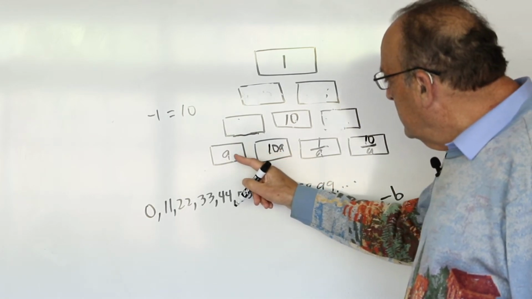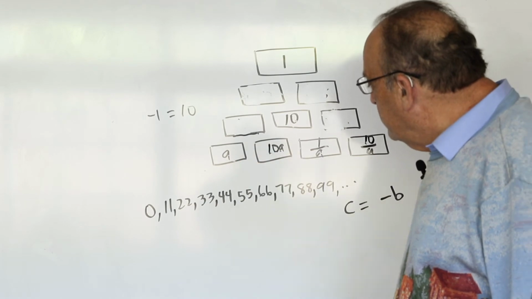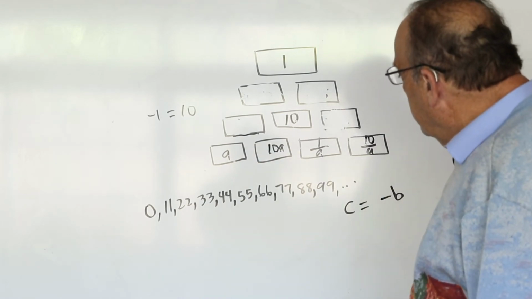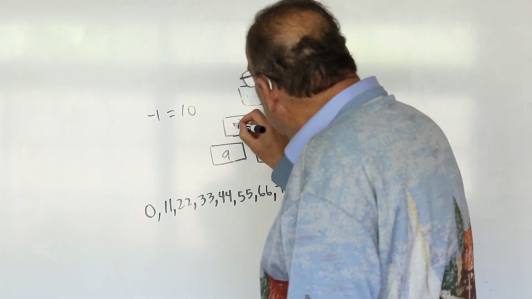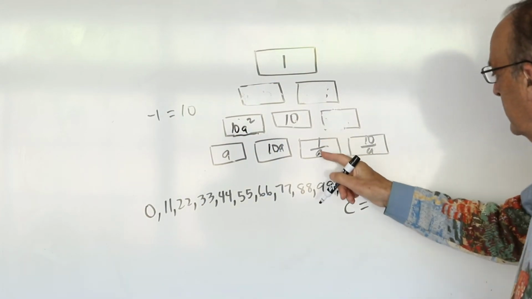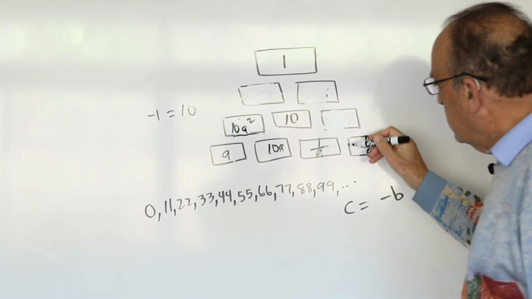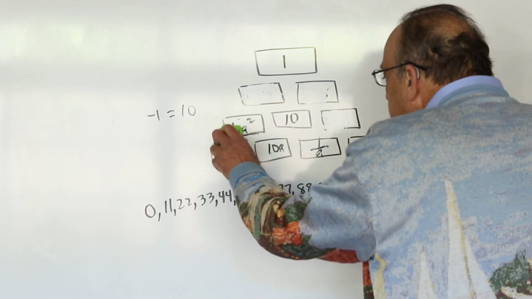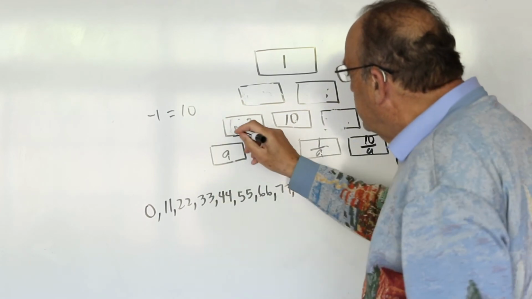10A times A would be 10A squared. And here we would have 10 over A squared. Instead of writing 10 here, we might as well just write negative A squared.